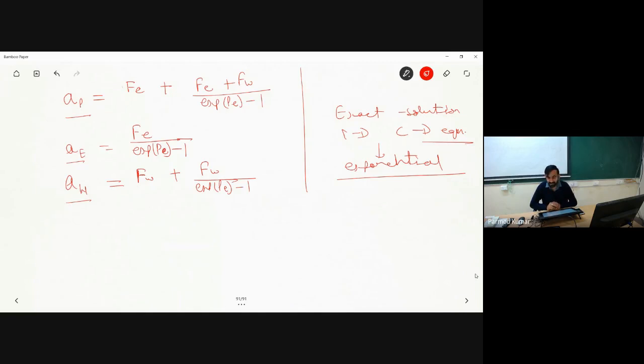Majority of the physical situations we will have involve variation of a property along the second or third dimension also. There is rarely a case where a property varies along only one direction.